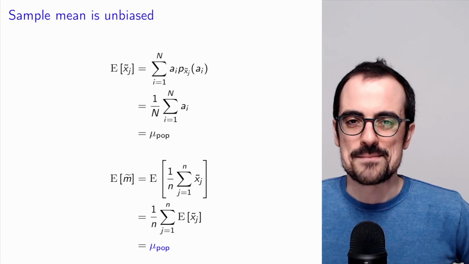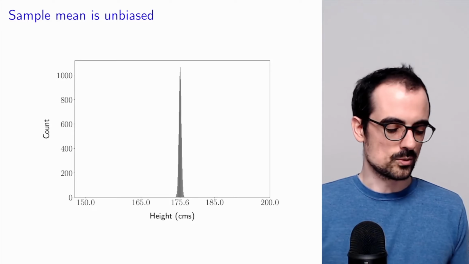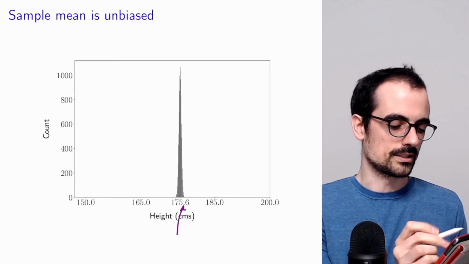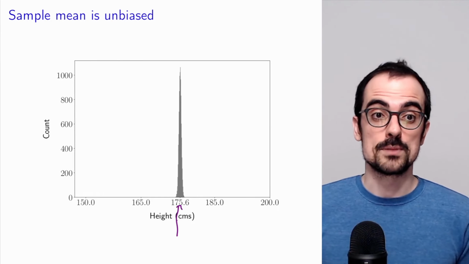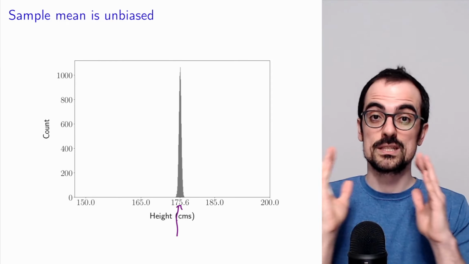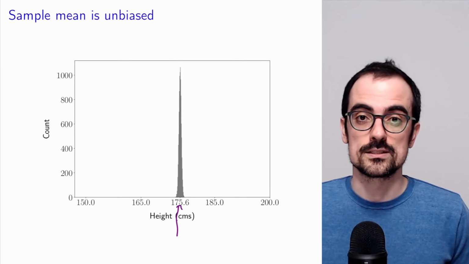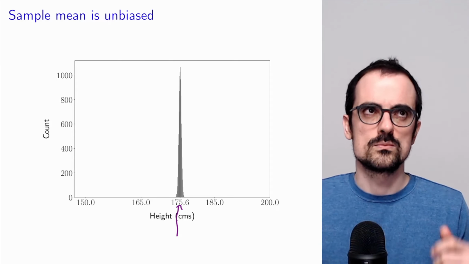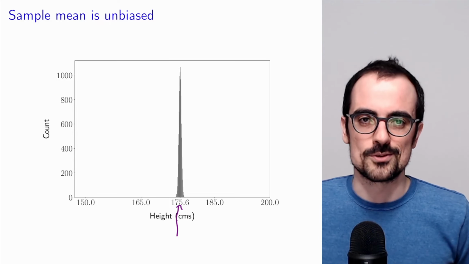So the sample mean is unbiased. And this is why when we plot this numerically, we do see that this distribution of sample means, these 10,000 sample means, are centered at the population mean. It's not a coincidence. We proved that this has to be the case because we're sampling uniformly at random and independently from the population.